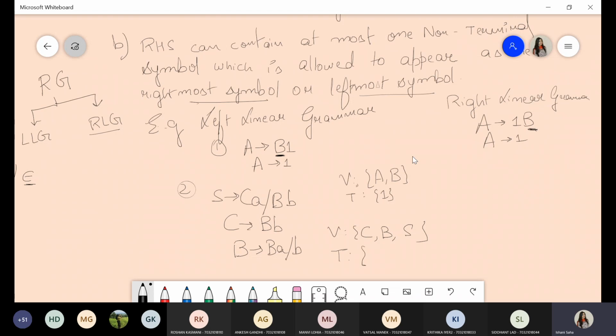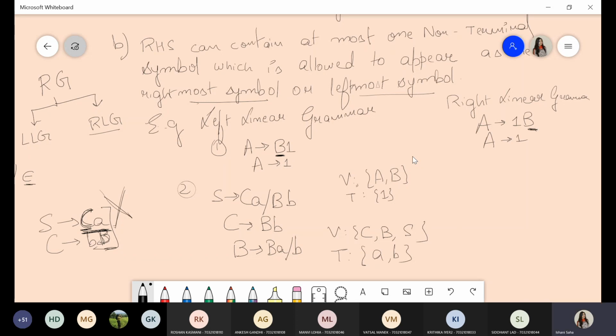That means the variables should all be at the leftmost. There should never be a grammar like this: S generating CA and then C generating B. This is not possible because one shows left linear, with capital C on the left, and the other shows right linear, with capital B on the right. So this together is not possible.